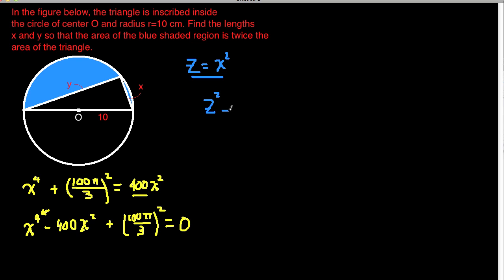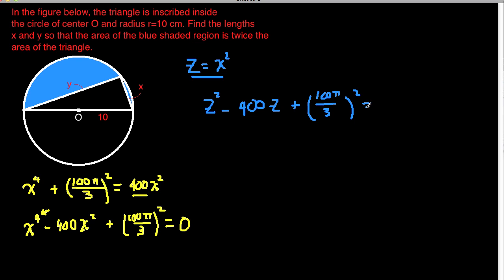So I have z squared minus 400z, because 400x squared is just 400z, plus (100 pi divided by 3) squared equals 0.